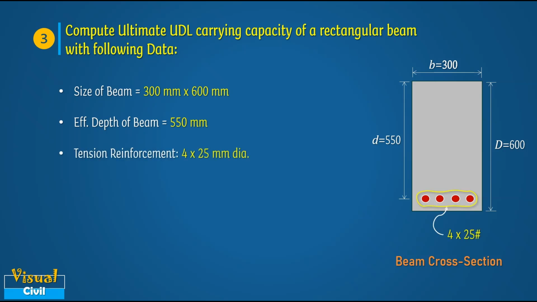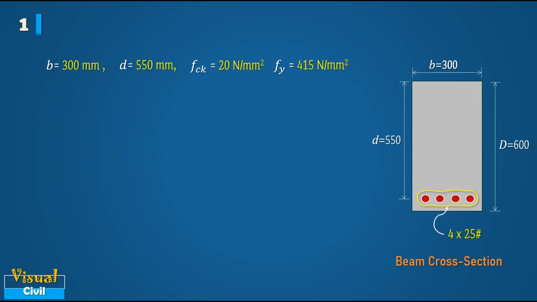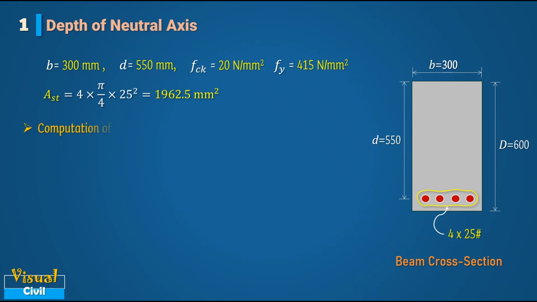For materials, we are using M20 grade concrete and Fe415 grade steel. With these values, we will now proceed step by step to calculate the total load carrying capacity of this singly reinforced beam. So, start with the first step to determine the actual depth of the neutral axis XU.